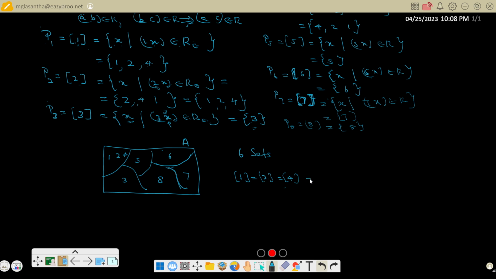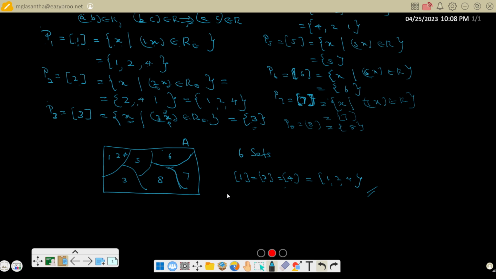All these three classes are equal to 1 to 4. Is it clear? If you take any equivalence relation, based on it the entire set can be partitioned into equivalence classes.